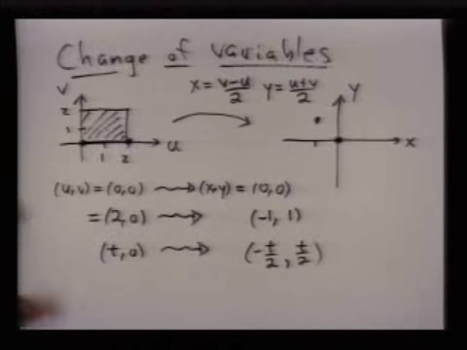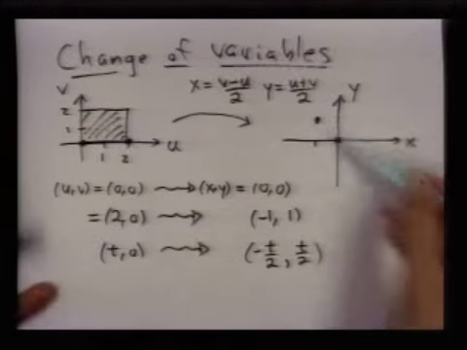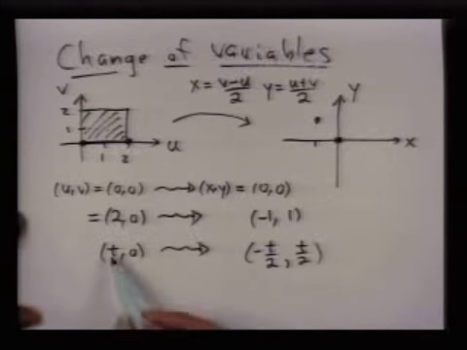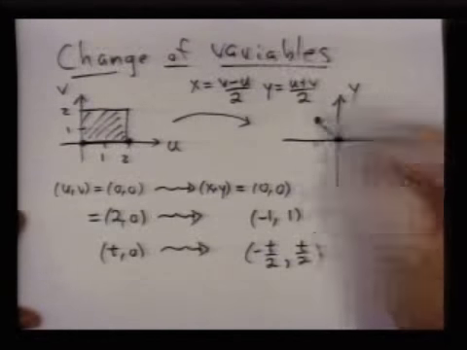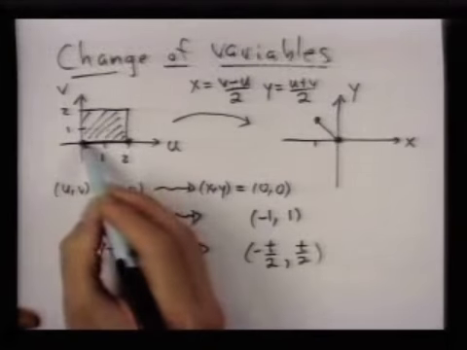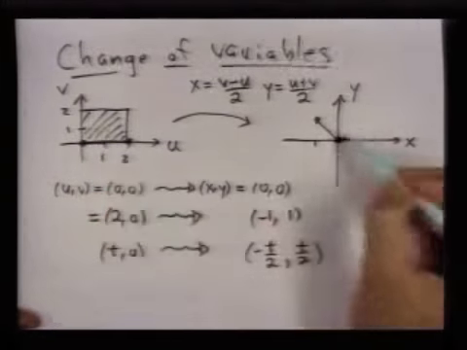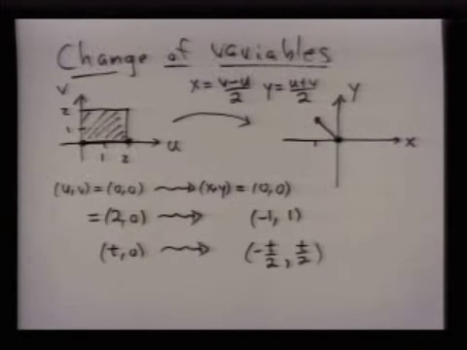And so what line does this describe? Well, it's the line with -1 slope. As t goes from 0 to 2, it traces out this line, so that makes sense. This line segment gets turned into this line segment.